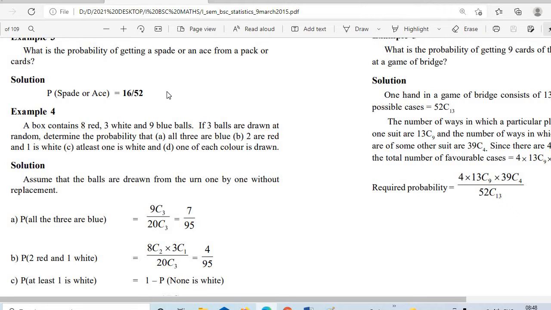Next question: a box contains 8 red, 3 white and 9 blue balls.